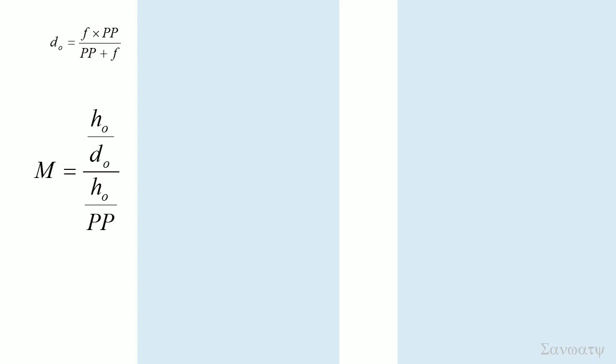Since m equals ho over do divided by ho over pp, and do is equal to f times pp over pp plus f, we can rewrite the equation as m equals ho divided by f times pp over pp plus f, over ho over pp.